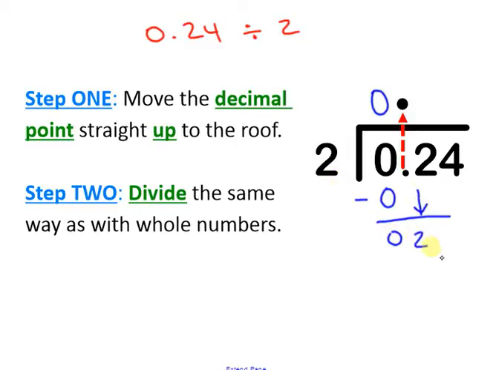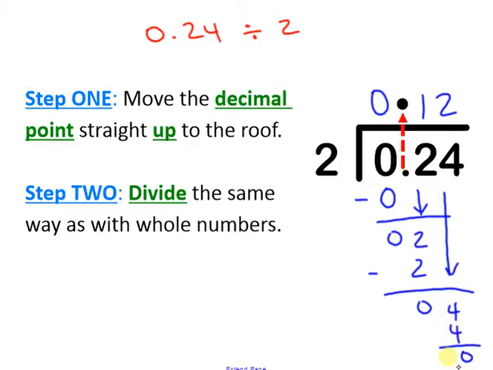How many times does 2 go into 2? 1. 1 times 2 is 2. 2 minus 2 is 0. Bring down the 4. How many times does 2 go into 4? 2. 2 times 2 is 4. 4 minus 4 is 0, and there's nothing left to bring down. So the answer to this problem is 0.12. But you see that bringing that decimal point up to the roof, that placement is very critical.